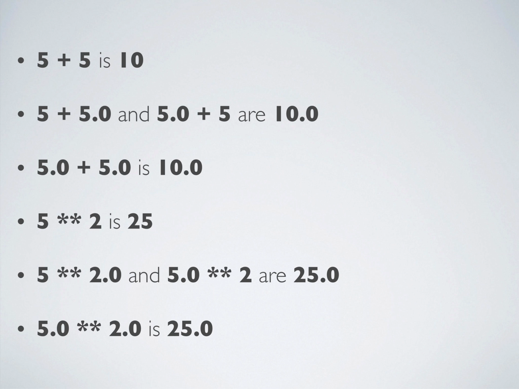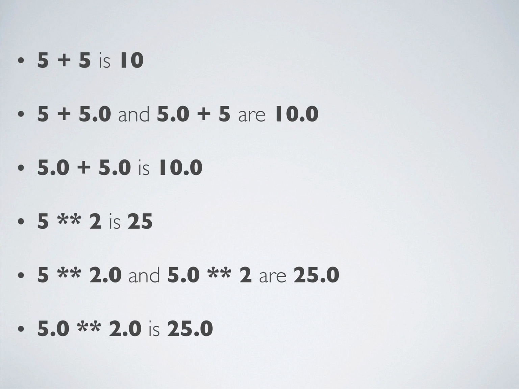In this case, one of the numbers is a floating point value, because that 5.0 has a decimal point. So the result of both of those is going to be a floating point value, 10.0. Next line, these are both floating point values, 5.0 plus 5.0, so we get a floating point value back, 10.0.